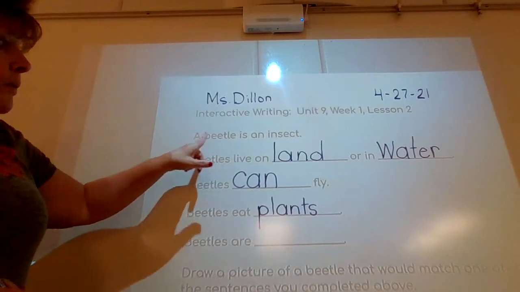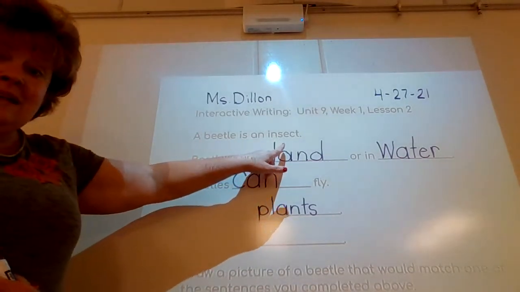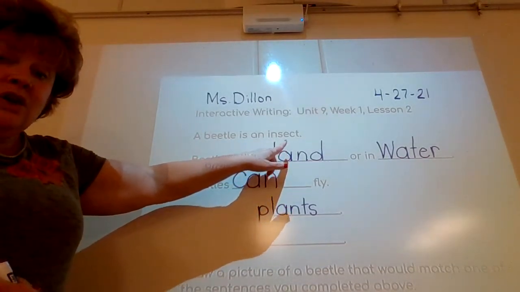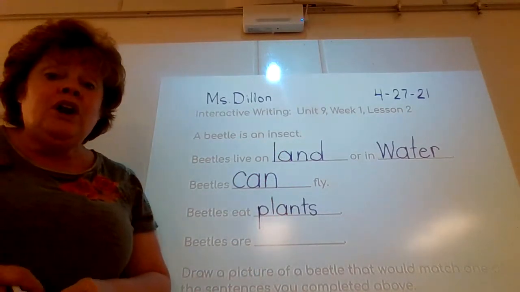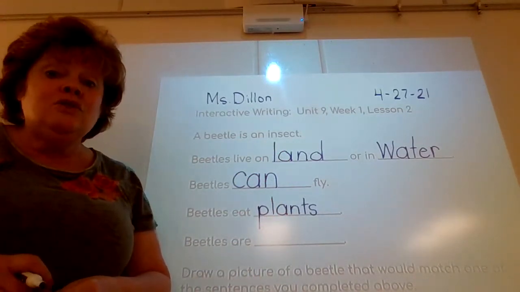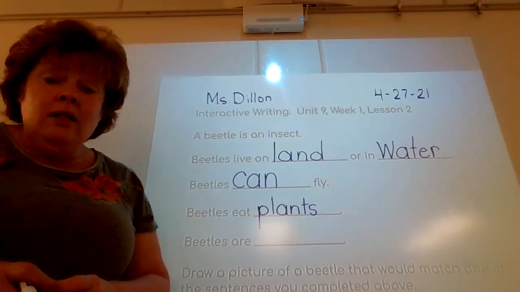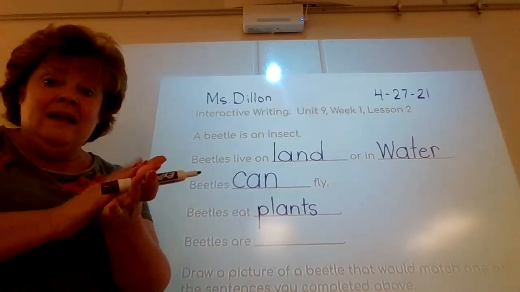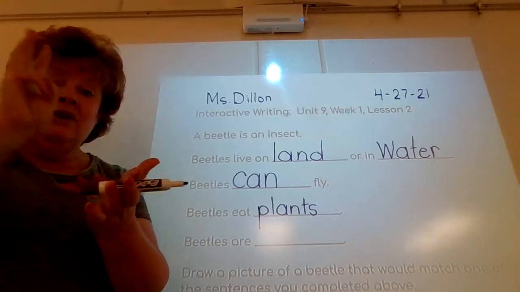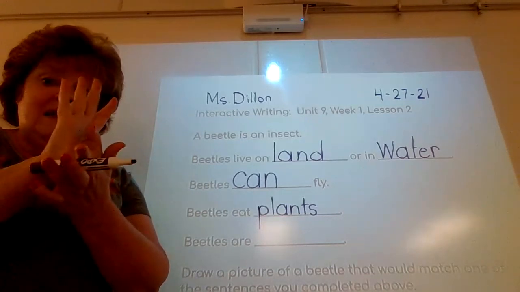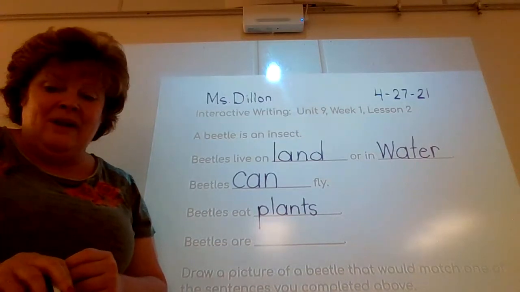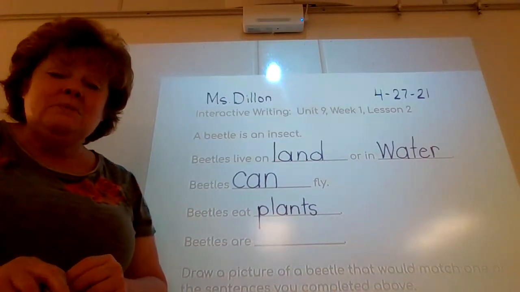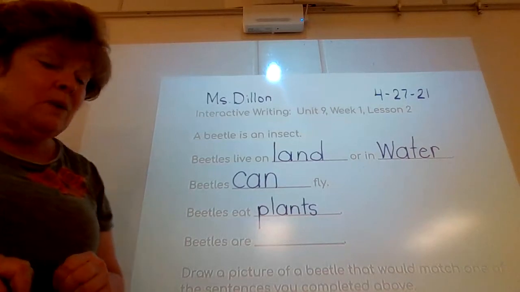Now, we already know that they're an insect up here. So down here, we're going to put the word interesting. Let's count that. Interesting. That is 4 syllables. Are you ready to write this word? We're going to split it up so it's not going to be so hard.